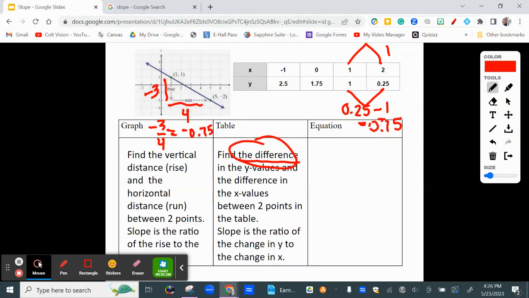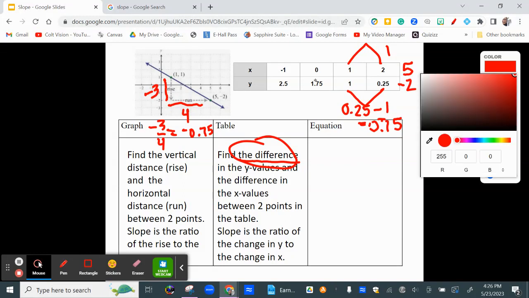This table matches this graph. They're actually the same; I just have a different point in here. In the graph, we had x is 5 and y was negative 2. That was the easy to read point, whereas this point in the table is right here, just above 2.